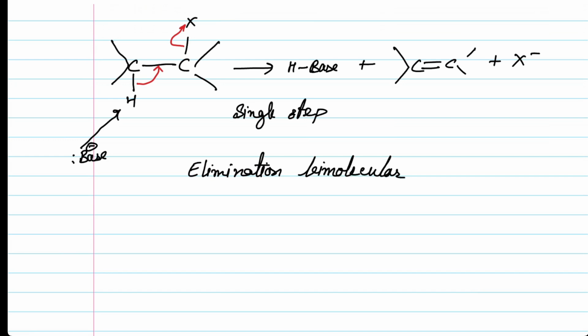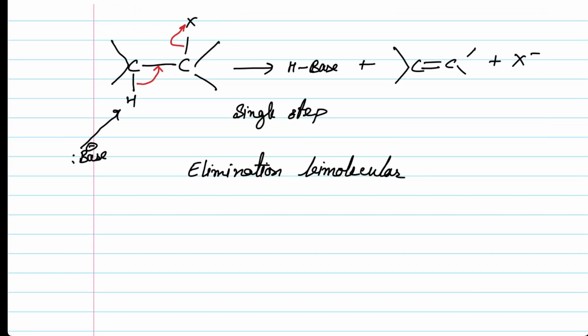Now, I believe you have understood why we talk about the word elimination, and you have understood why we talk about the term bimolecular. Elimination because in this reaction HX is being removed, and bimolecular because this particular step involves the reaction of two independent species. The two independent species being the alkyl halide and the base. So that is why this particular reaction is elimination bimolecular.